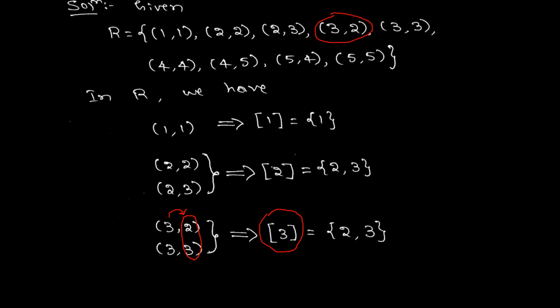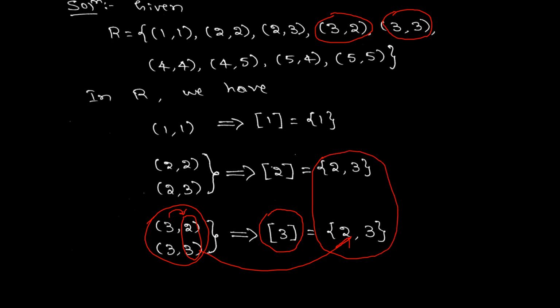Here the first element is 3, and here the first element is 3, with no other pair in which the first element is 3. The elements 2 and 3 are the elements to which 3 is related. Now if you observe, these two equivalence classes are the same. That means the equivalence class generated by 3 and the equivalence class generated by 2 are the same, so we can take any one in the partition set, not both.